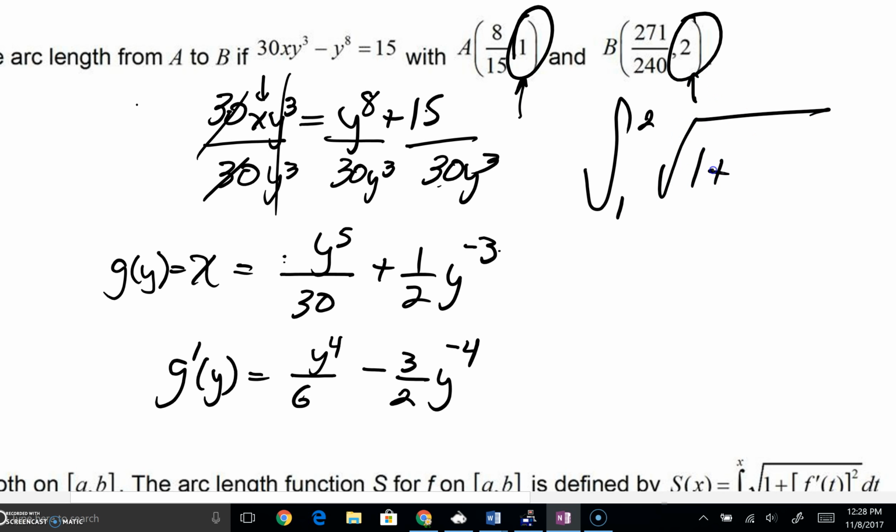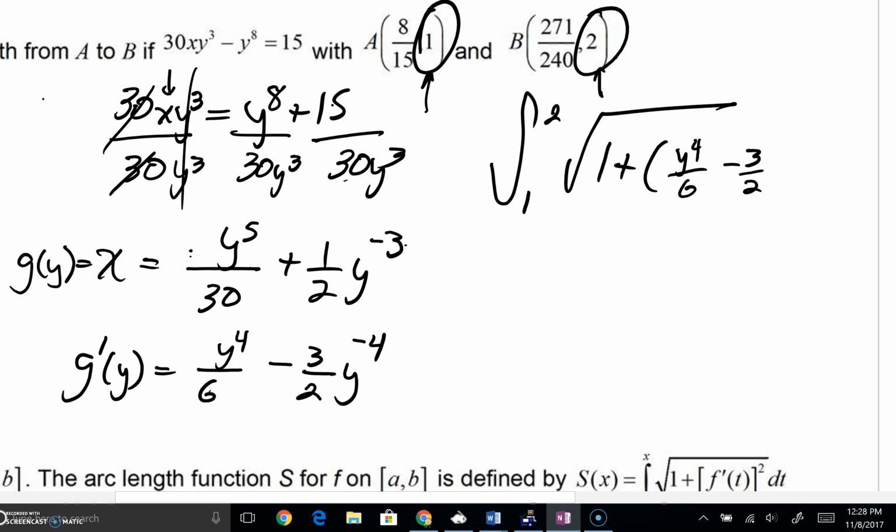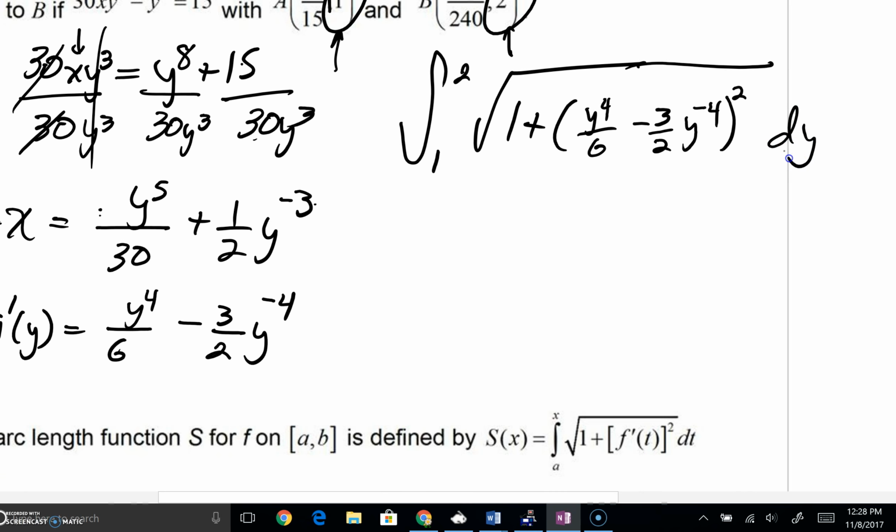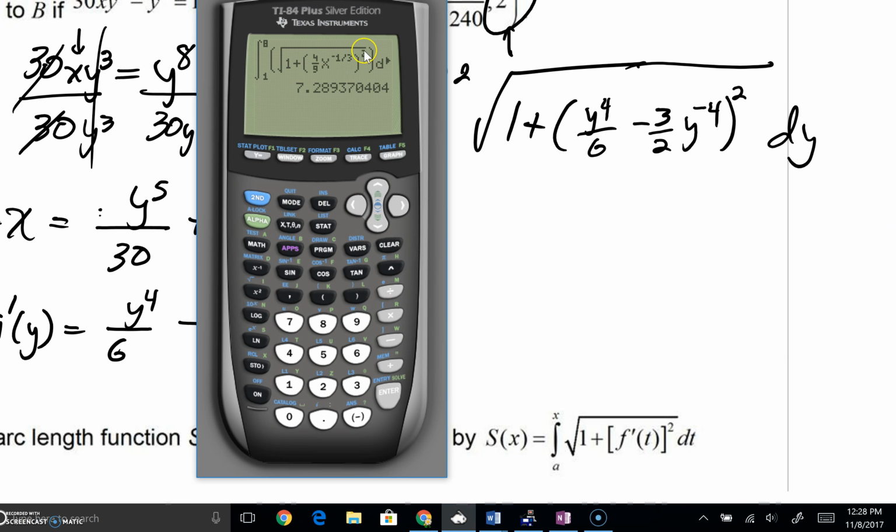I'm going to have the square root of 1 plus, and then I'm going to have to type this thing in here, and just remember to square it, right? If you don't square it, guys, that's the other big common mistake. What do you do now? Plain and simple, you just go ahead and get this thing typed out.